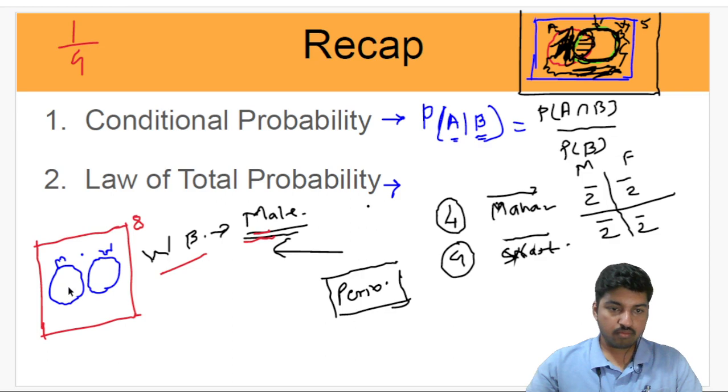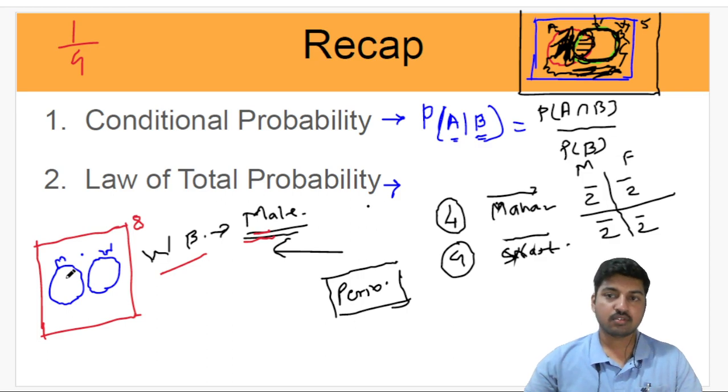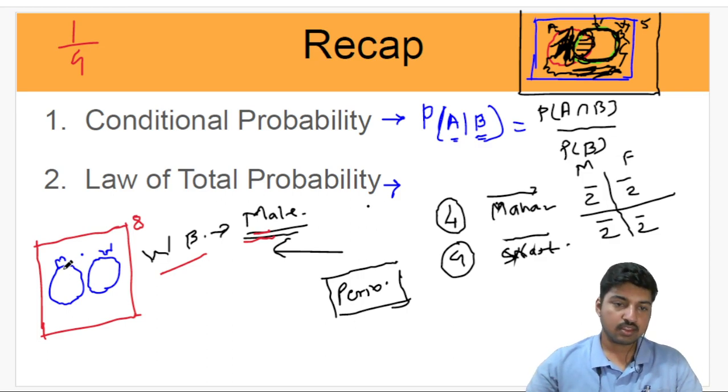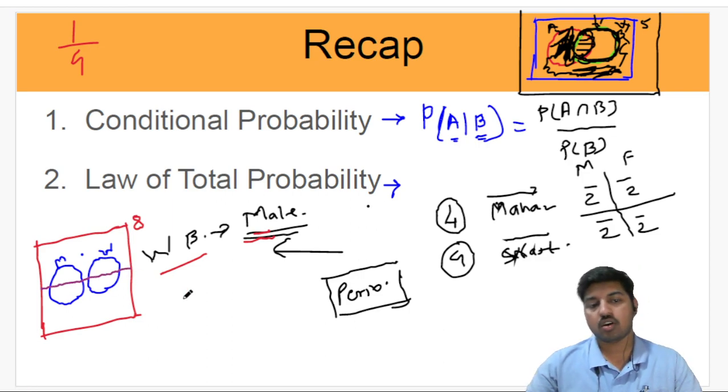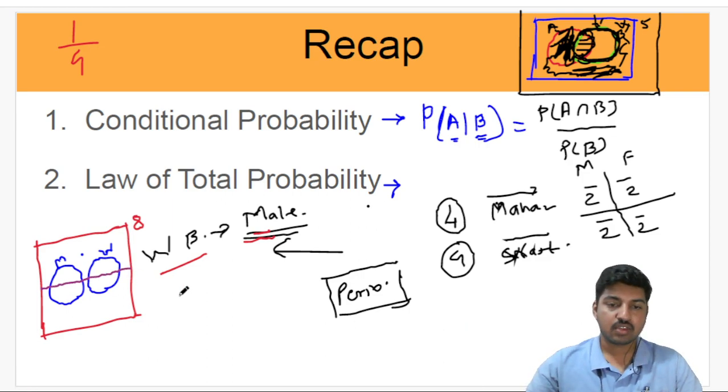But now our gender events will be what? Mutually exclusive? They will also be mutually exclusive, if I draw only the two genders. But if I draw like this, actually if I draw a neat and correct diagram, it should be like this.